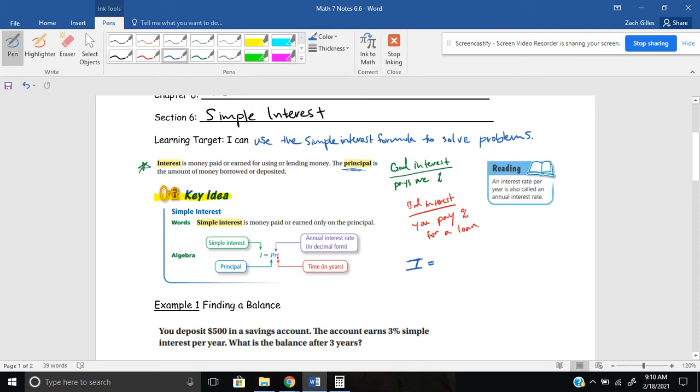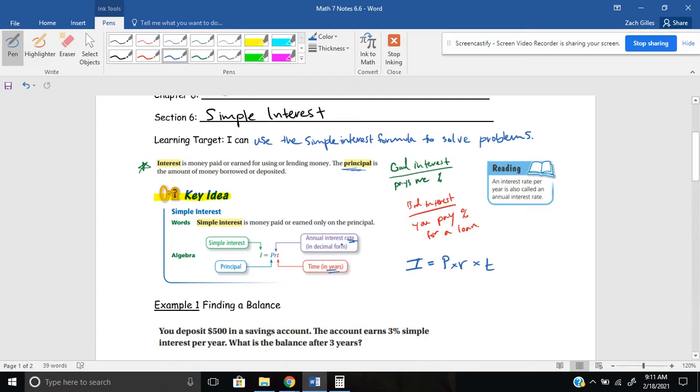To find your interest, you take your principal, which is the money you start with, and you multiply that by your rate. R is the interest rate. That's what R stands for, the rate. And notice it says in decimal form. So principal times rate times time, and our time is in years.